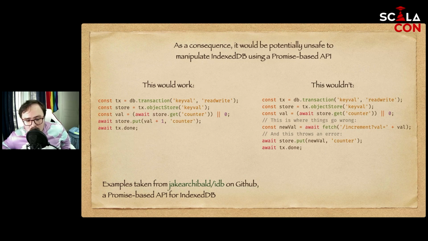But the thing is, if you mess it up and mix IndexedDB promises with other promises, such as a call to fetch or setTimeout or whatever, then you get an error, and your transaction is essentially closed implicitly. So these are all consequences of this implicit transaction lifecycle.